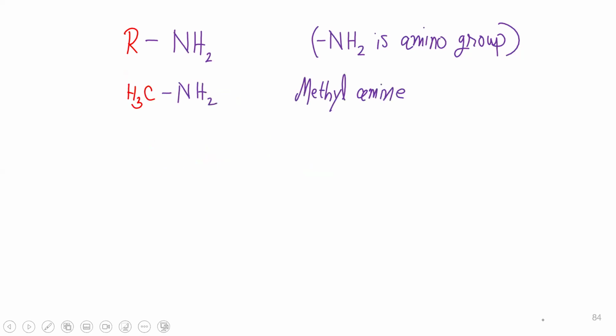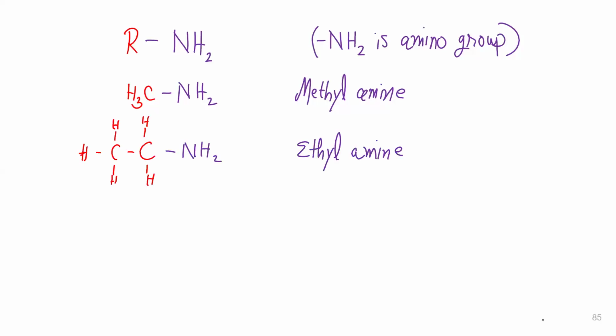Now let's make the family. CH3NH2, this is methylamine. C2H5NH2, this is ethylamine. So it goes on like this. You have to copy this also for understanding. So whatever comes for alkyl radical will be ethyl, propyl, pentyl, hexyl.